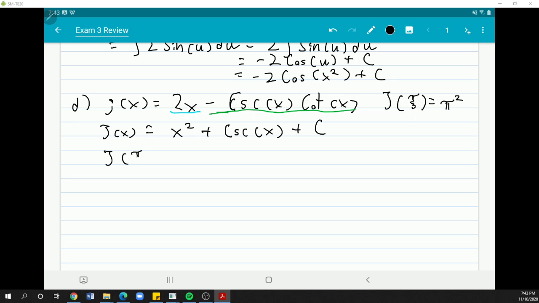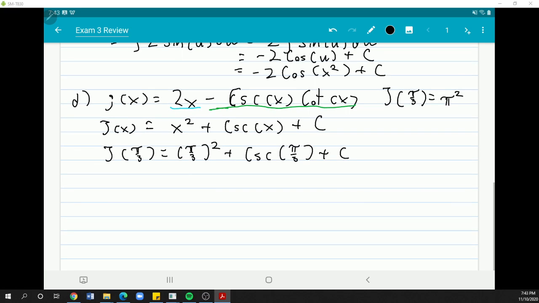So j of pi over 3 is equal to pi over 3 squared plus cosecant pi over 3 plus c. So this gives us pi squared over 9 plus cosecant, which is 1 over sine.